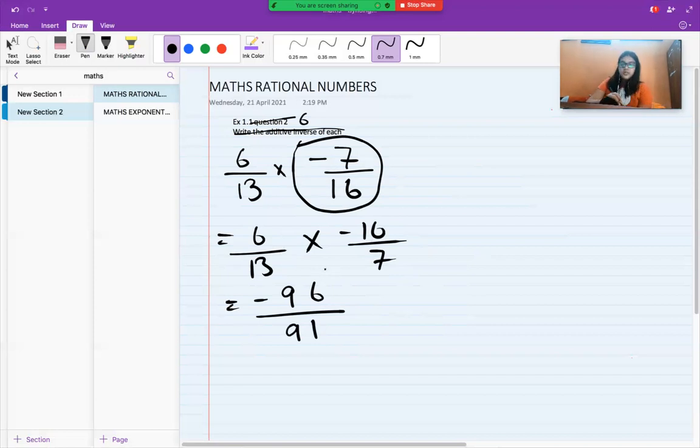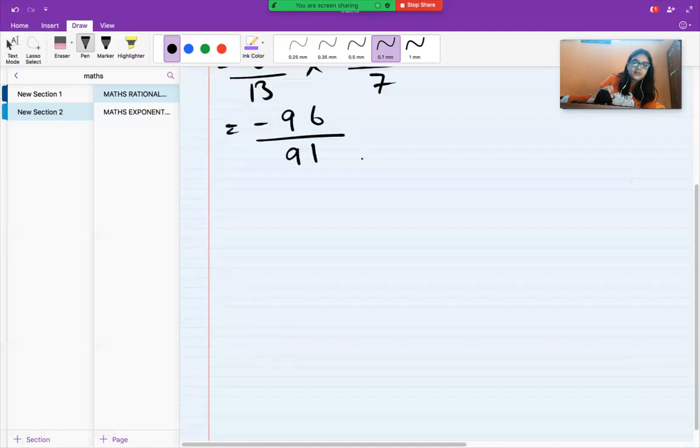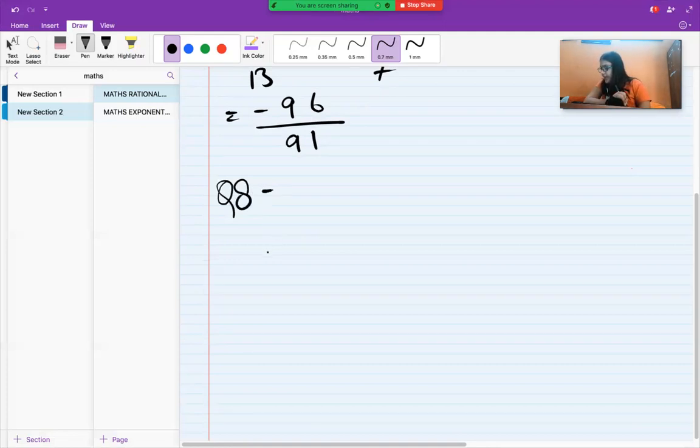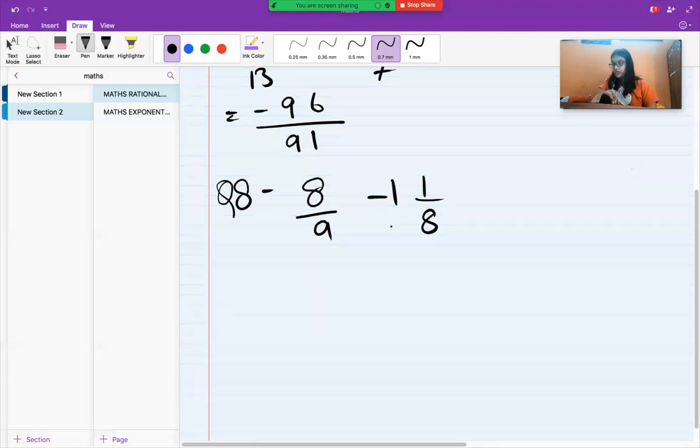Let's go to the 8th question, as the 7th question is not in the syllabus. Question 8: is 8 by 9 the multiplicative inverse of minus 1 by 8, and why or why not?